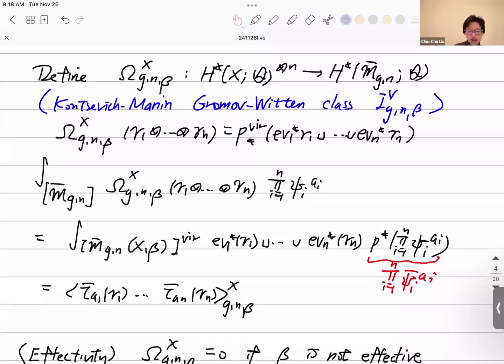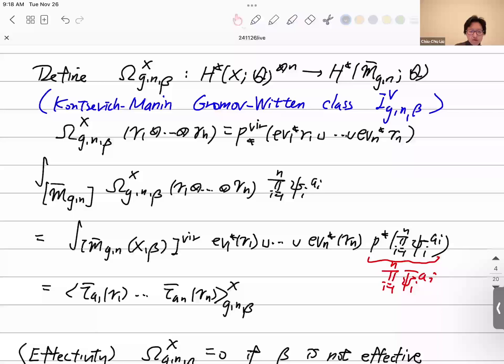The order matters. So we pull gamma i back via the evaluation map, and we get cohomology classes on the moduli space of stable maps, and then we do the push forward to get a cohomology class on M bar g,n.